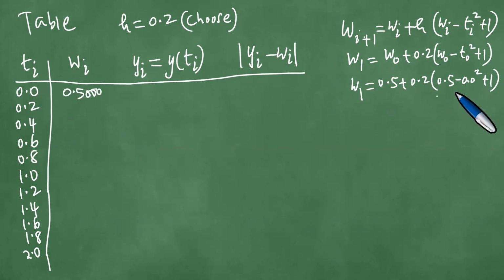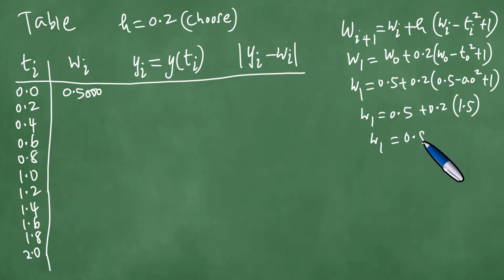And then now we just add everything here. We have 0.5, and then we have 0.2, and then we add everything here. It's 1.5. We use a calculator to get W1, and it's going to become 0.8. If you use a calculator, you can just check that it is 0.8.